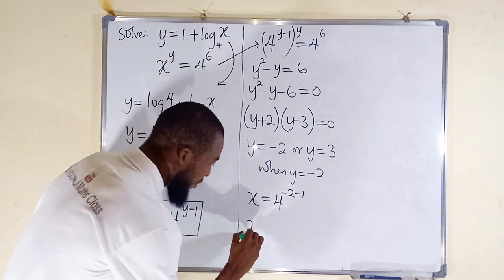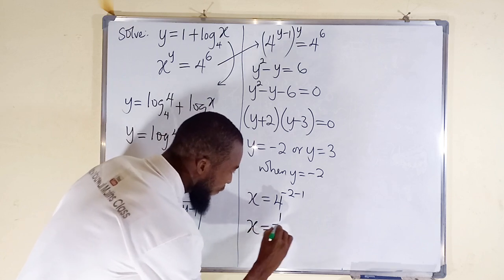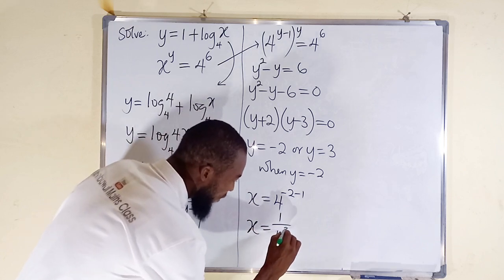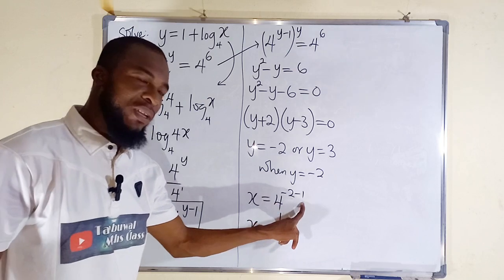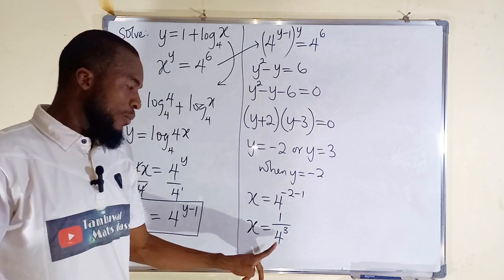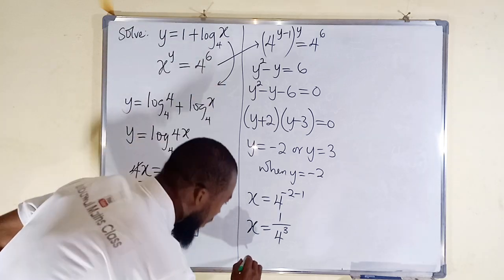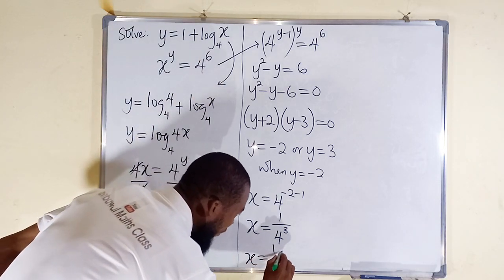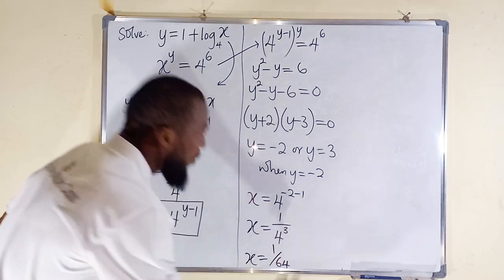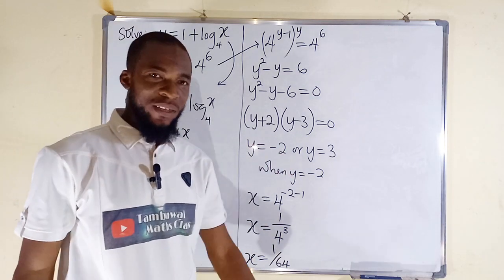And you can express it as 1 divided by 4 to the positive 3, because this is negative 3. But 4 to the power of 3 is 64. Therefore, x is equal to 1 divided by 64 when y is negative 2.